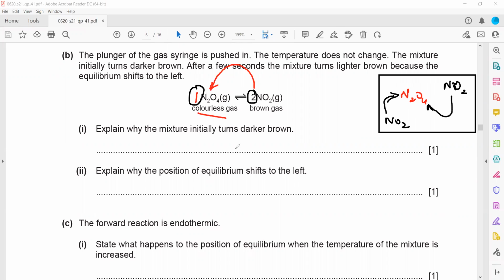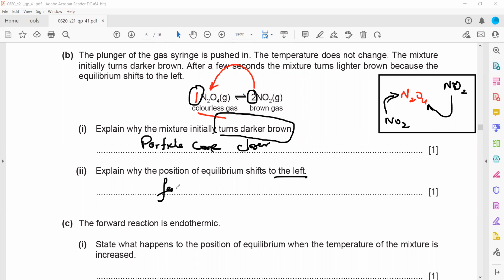Explain why initially it turned dark brown. What is the reason it appeared dark brown? Because the particles come closer to each other, so the color appeared to be darker. And then why did the position of equilibrium shift to the left-hand side?